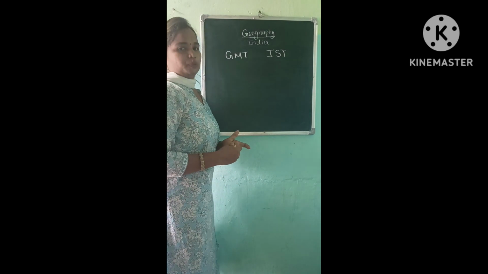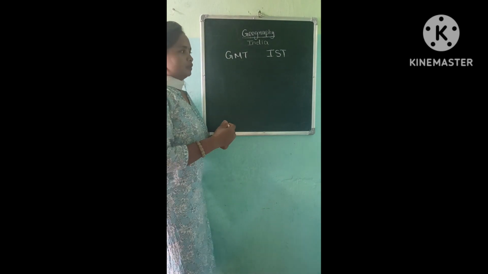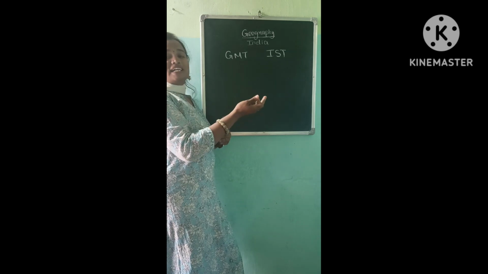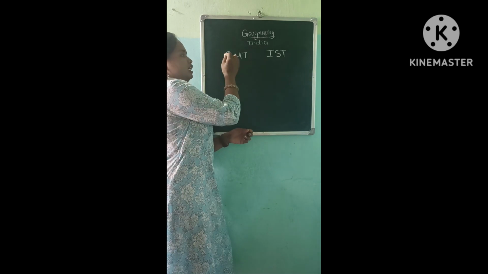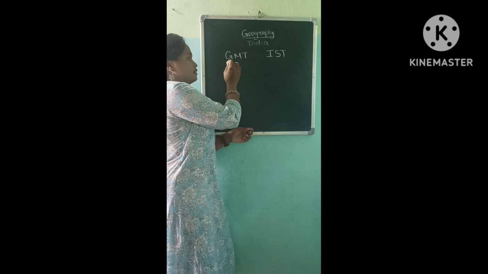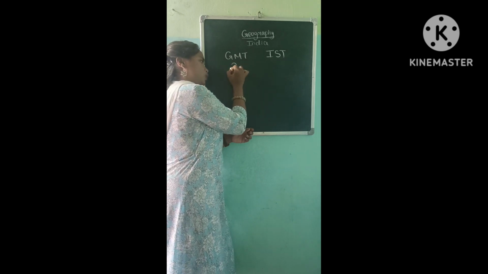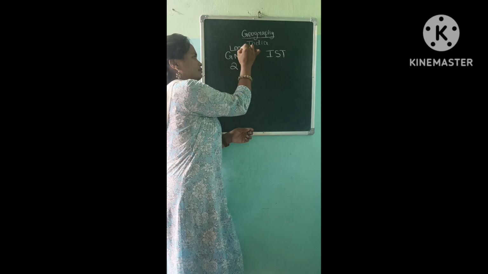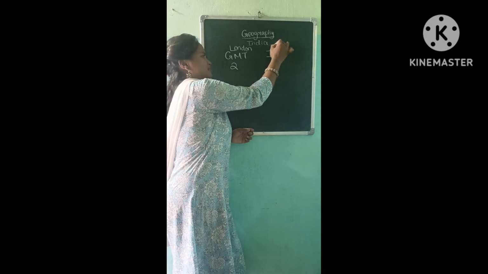Now, let me tell you how to find the time when some other country's time is given. If it is 2 o'clock in London, GMT is in London, as I said, right? IST is India.